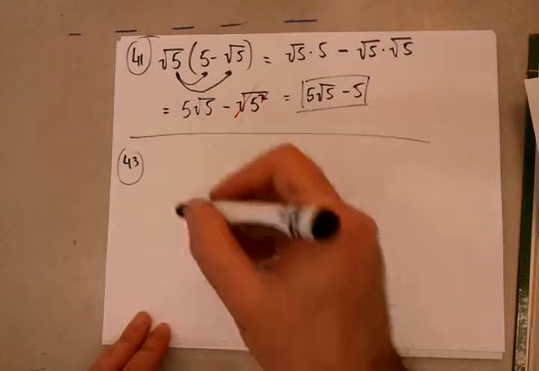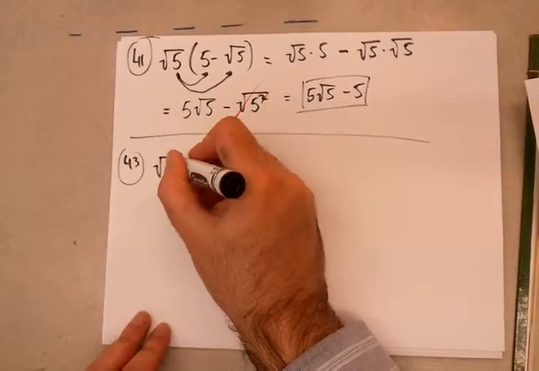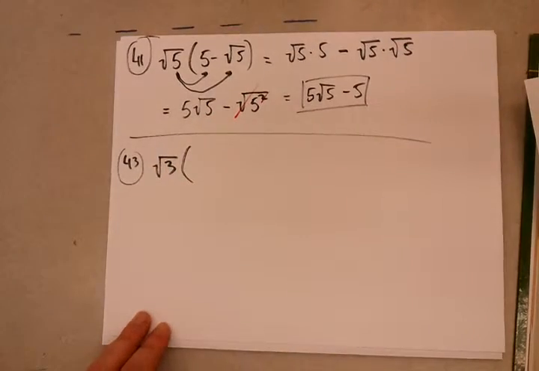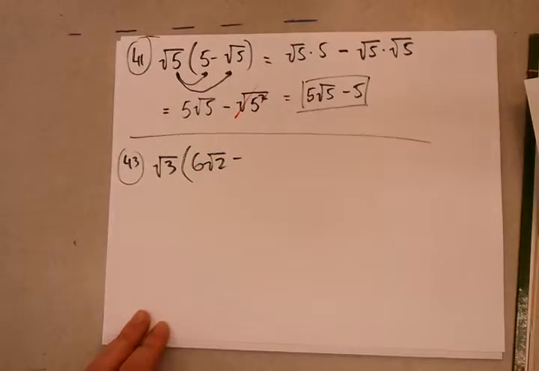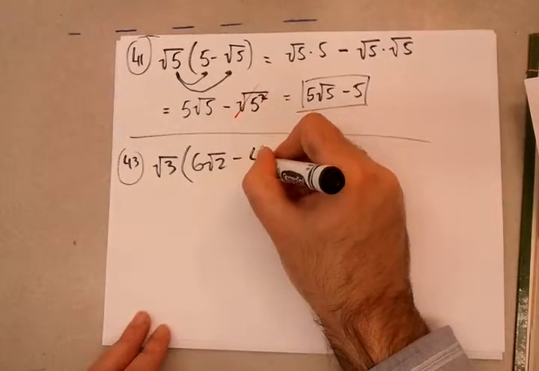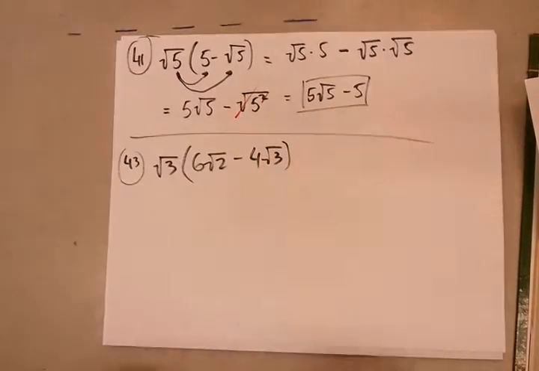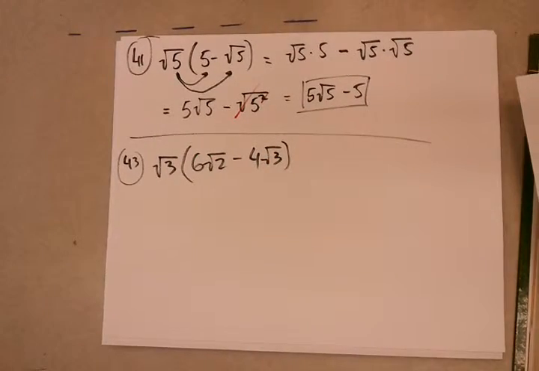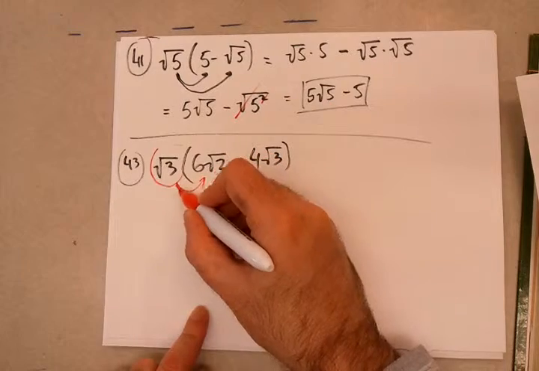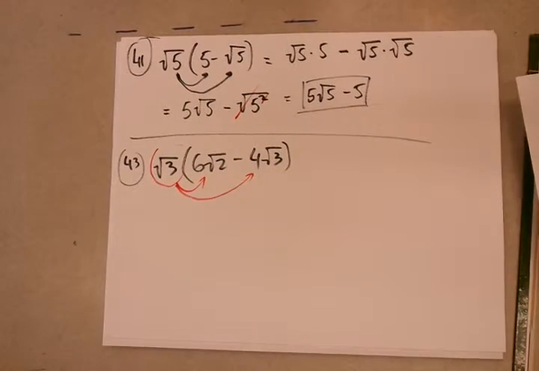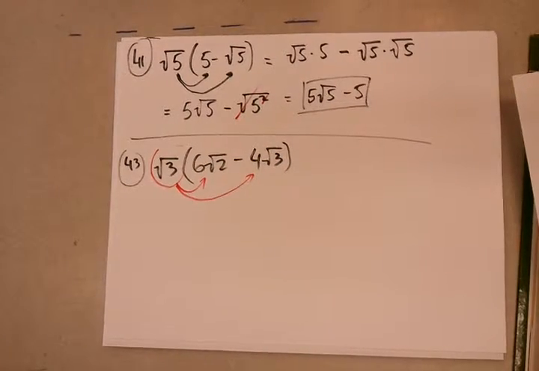For 43, we have root 3 being multiplied by 6 root 2 inside the parenthesis minus 4 root 3. Just like before, before you do anything else, you have to distribute whatever is outside of the parenthesis to every single member inside.